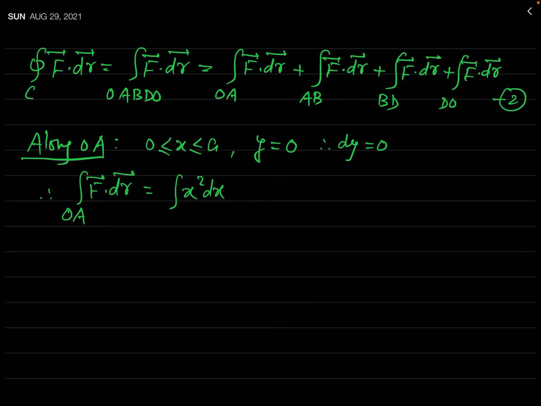And what are the limits of x? The lower limit of x is 0 and the upper limit of x is a. So this will be simply x cubed by 3, with limits a and 0. When you put the limits, this will be simply 1 over 3 a cube, and this is your equation 3.